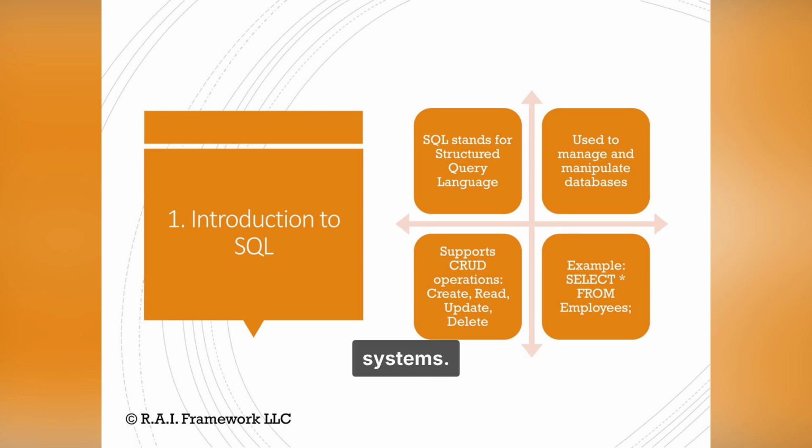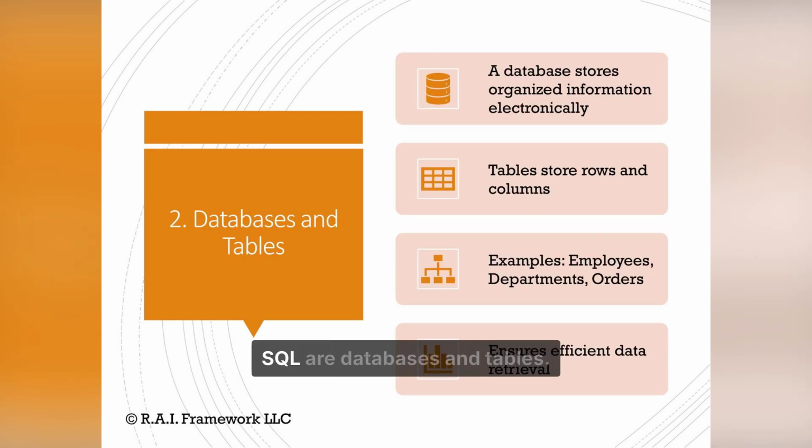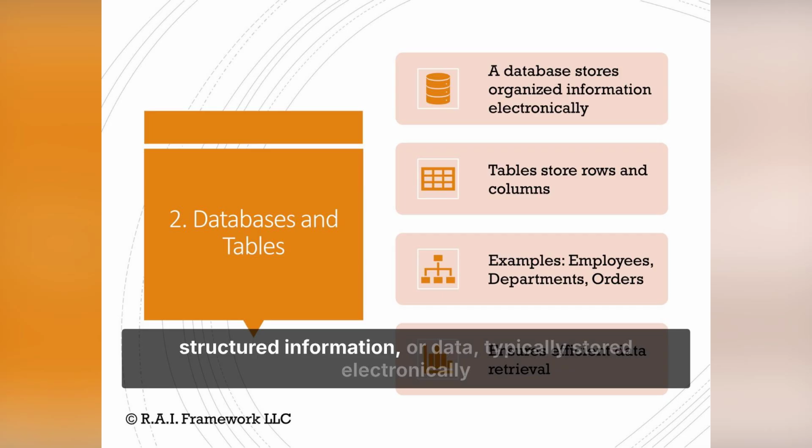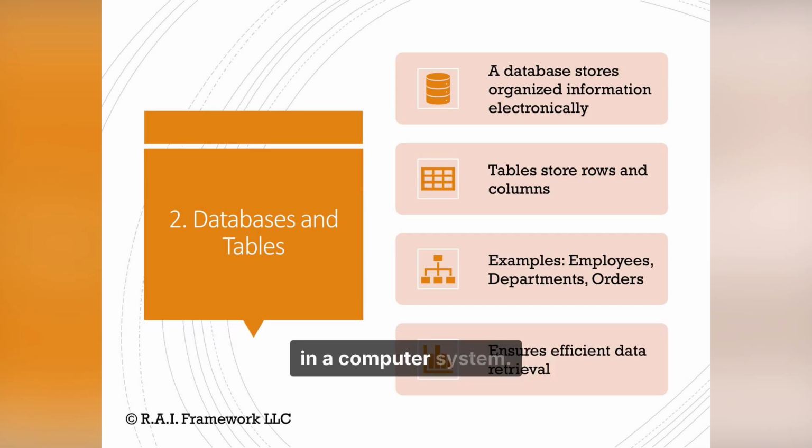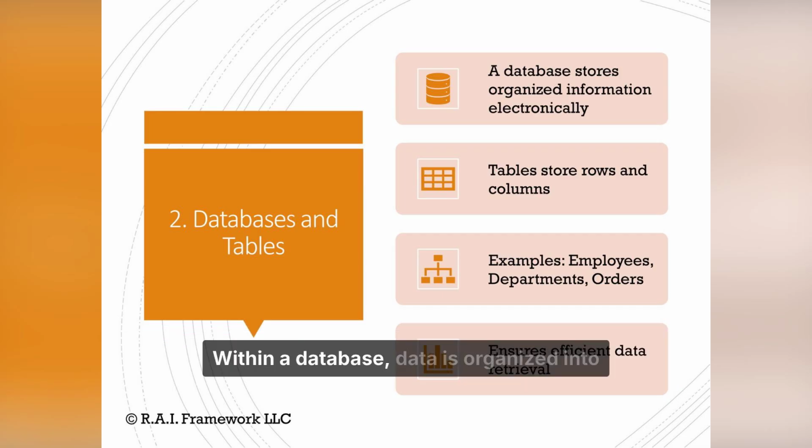in database systems. At the heart of SQL are databases and tables. A database is an organized collection of structured information, or data, typically stored electronically in a computer system. Within a database, data is organized into tables. Think of tables as spreadsheets, where information is stored in rows and columns.